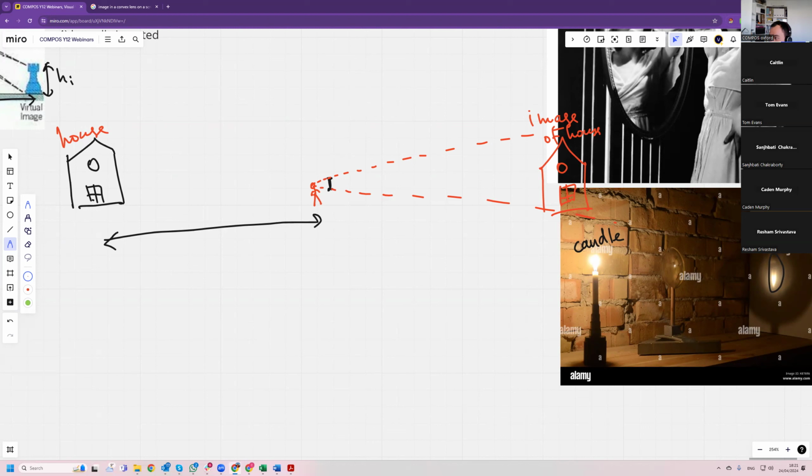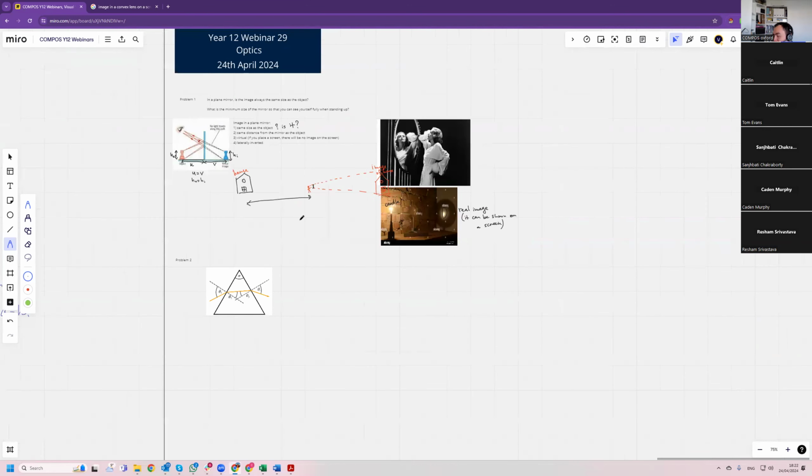Julian, no, it doesn't have anything to do with 1 over f plus 1 over u. That's for convex lenses and concave mirrors, if I'm not mistaken.